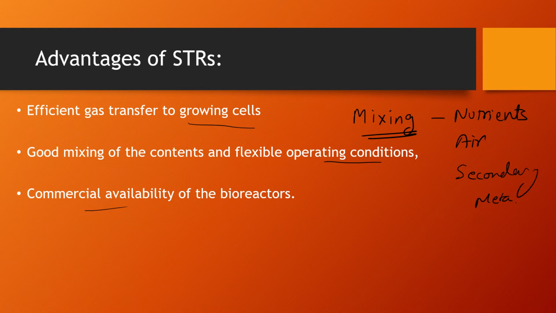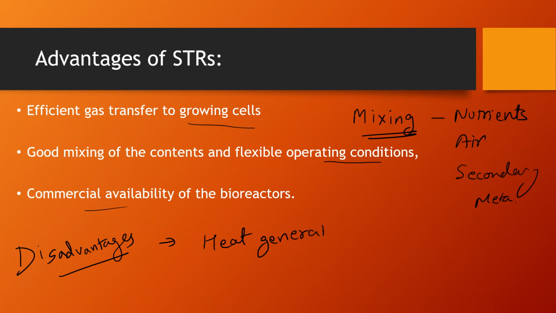Now coming to the disadvantages. What could be the disadvantages? Can you think of any? Because it is mechanically stirred through a motor, there is heat generation. And when there is heat generation, what will happen?